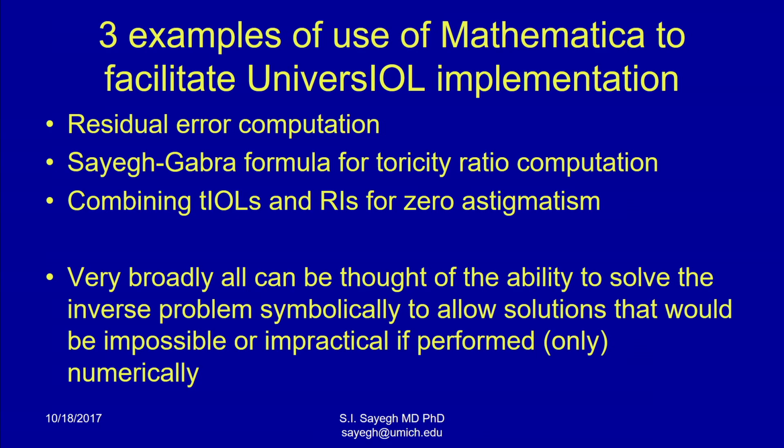But now, since I'm here, it's Mathematica time. I'll give 3 examples of how Mathematica was useful to develop this. Now, the summary is that we developed a lot of things in Mathematica, but the final implementation that's running on the server is written in C++.